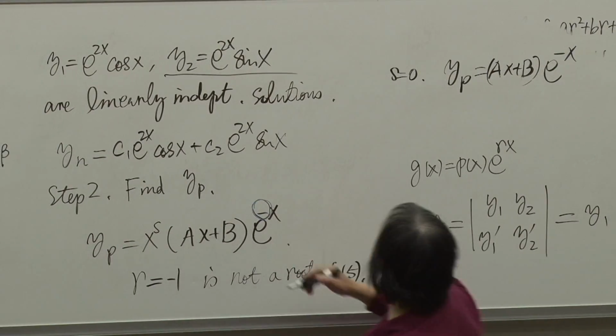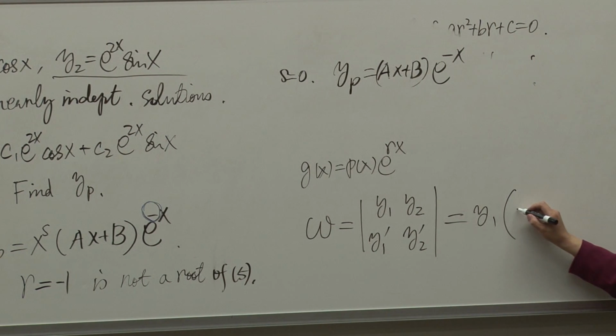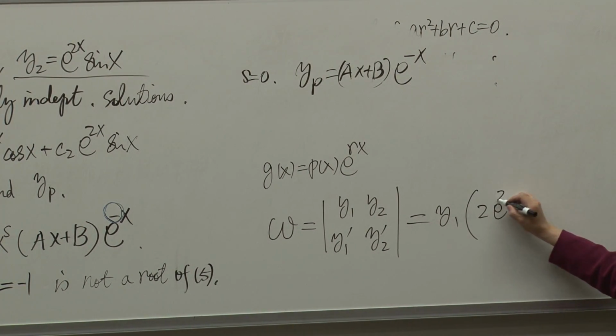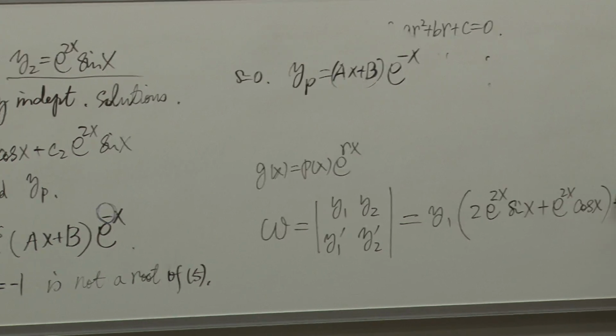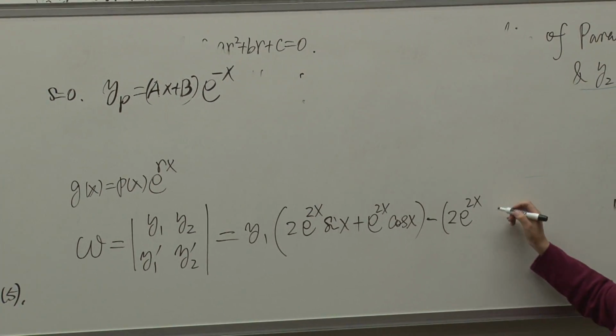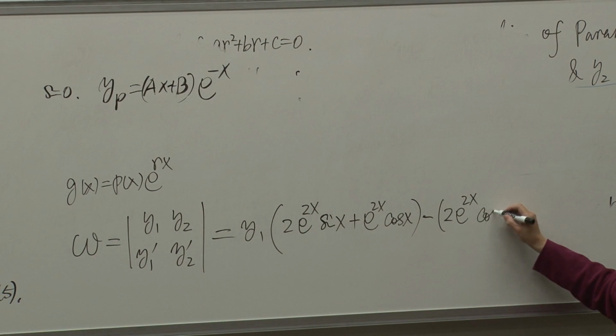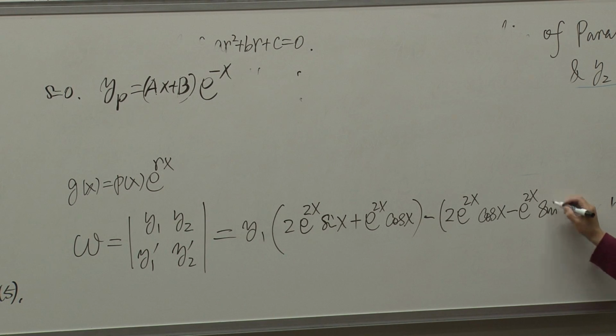If we take the derivative of y2 using the product rule, we get 2e to 2x sine of x plus e to 2x cosine of x, plus y2 times negative y1 prime, which is 2e to 2x times cosine of x minus e to 2x times sine of x, times y2.